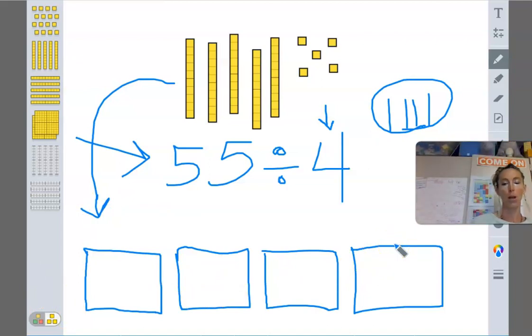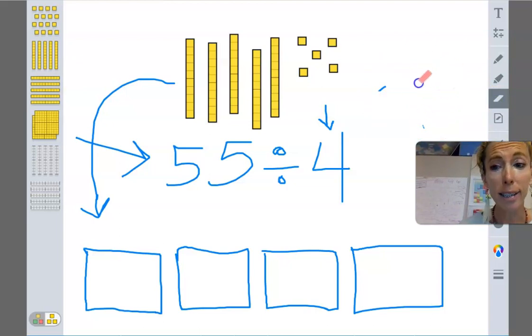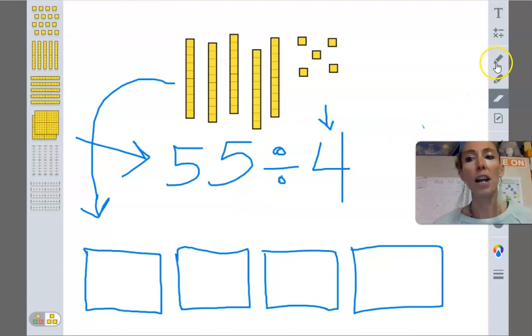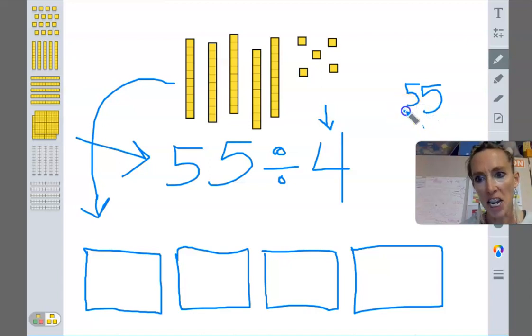All right. So let's see how this will work. You might be like, well, won't we get the same answer? Well, we should, because it's the exact same division problem, but the situation was a little different. So let's see what happens. So let's set up off to the side 55 as our dividend divided by the divisor of 4.